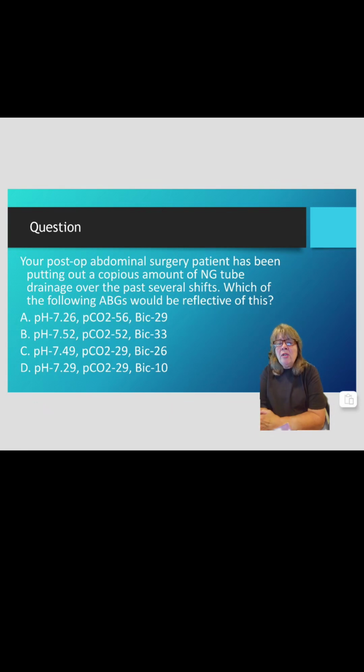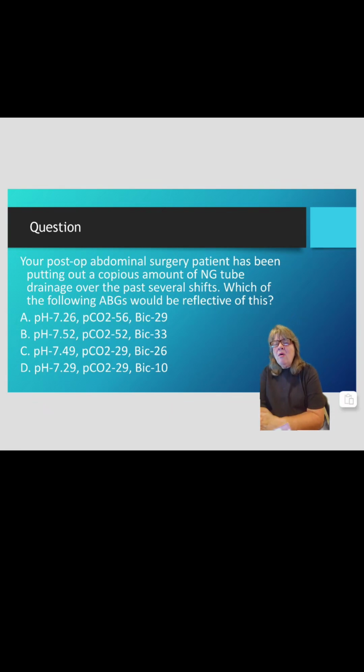So the first thing that we're going to search for when we look at these options is which one of these options is alkalotic, right? That's going to narrow it down by 50%. So now we have two of them, right? We have a pH of 7.52 and another one that is a pH of 7.49.